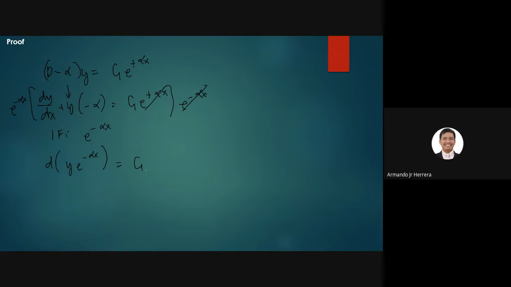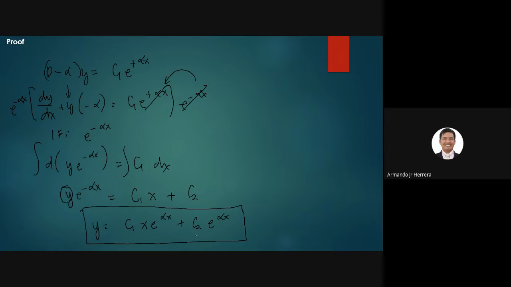That cancels out upon multiplying. So taking the integral with respect to x, y e to the negative alpha x equals c1 x plus c2. To solve for the value of y, y is c1 x e to the alpha x plus c2 e to the alpha x. So, as you can see, depending on how many times it repeats, I just add another x.